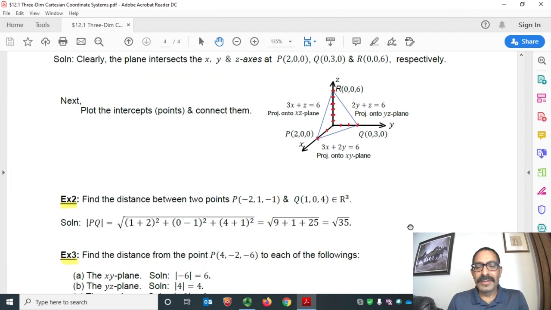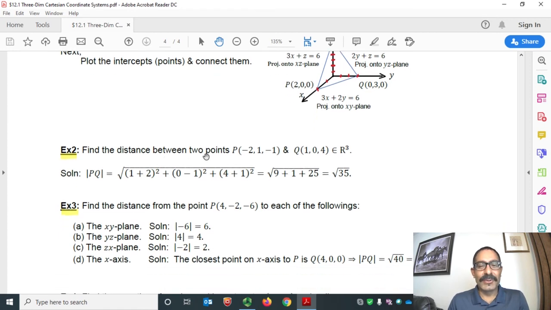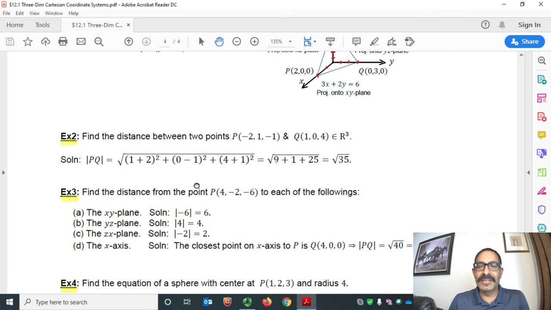Let's move on. Example 2: find the distance between 2 points in space. The points are P and Q with the coordinates. P has coordinates -2, 1, -1, and Q has coordinates 1, 0, 4. So let's begin the solution. Apply the distance formula.